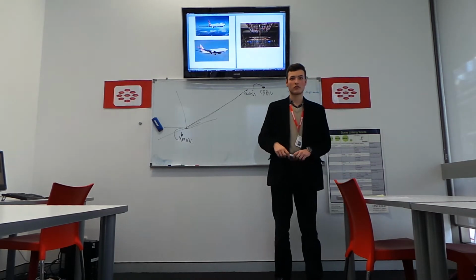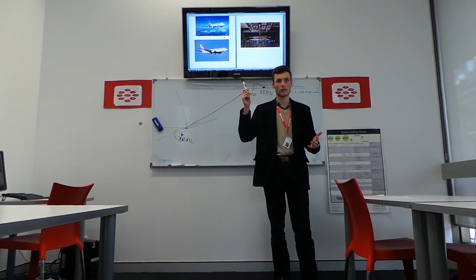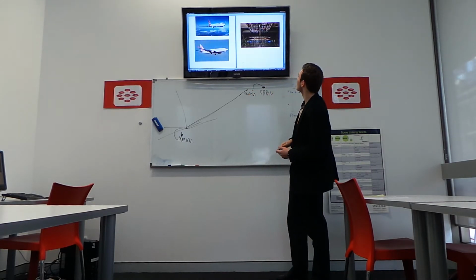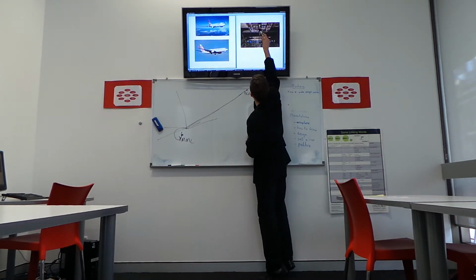Then you must check the cabin communication, because you may need to call a flight attendant from your cabin to the cockpit. That button is located right here, beside the emergency lights.